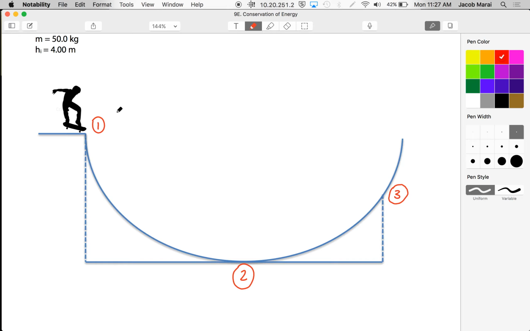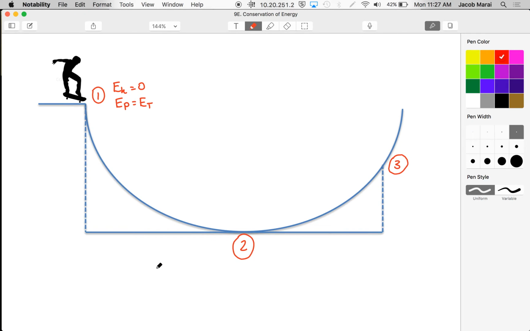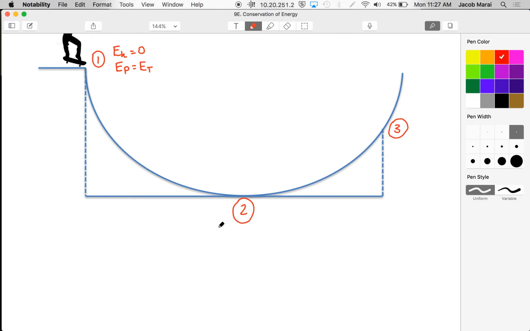At this point, gentlemen, could you please say EK equals 0, EP equals E total? So ignoring friction. At the bottom, we're going to say that EP equals 0 and that EK equals E total.